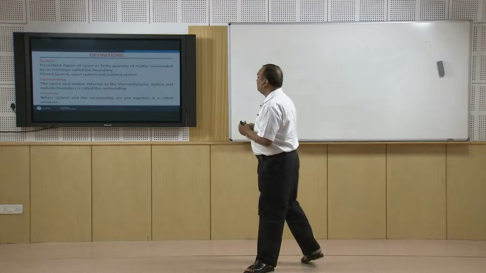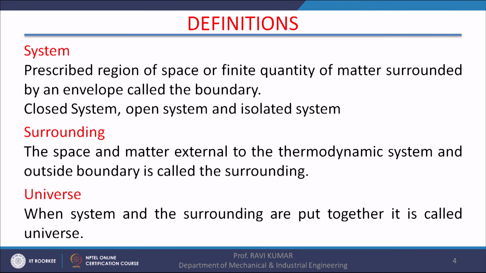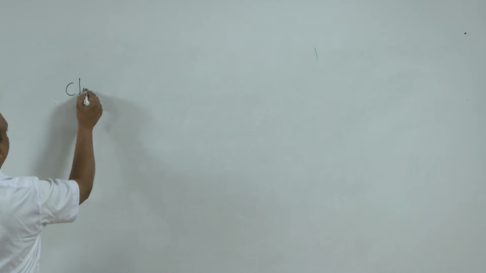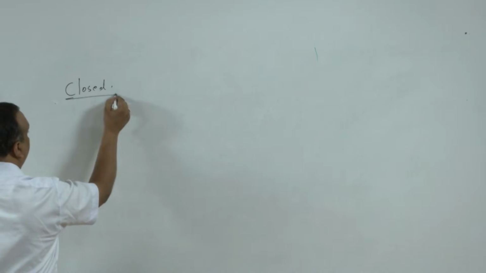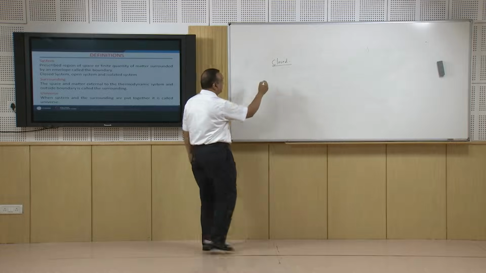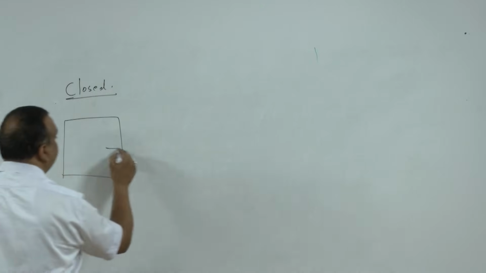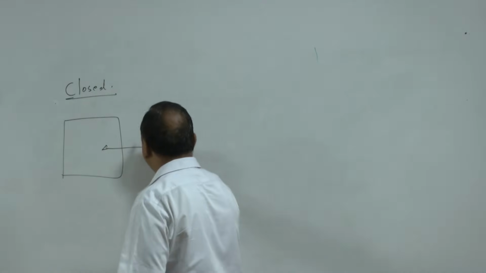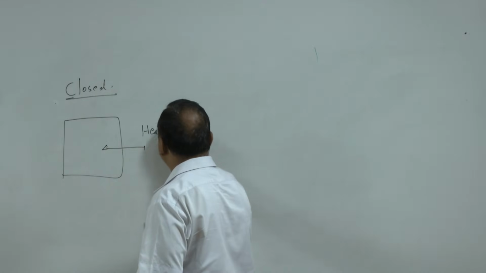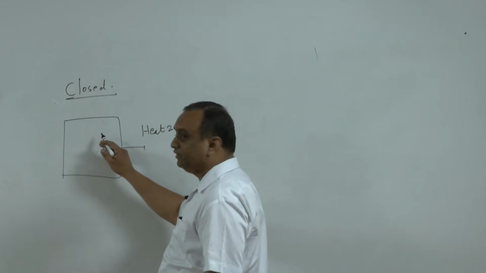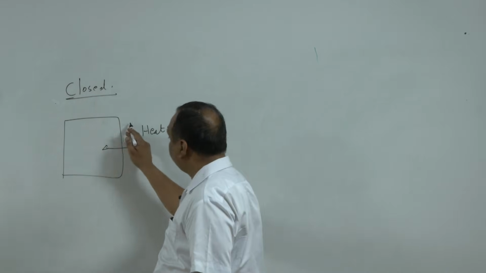Now, there are three types of system. One is the closed system. In a closed system, there is only energy interaction with the surroundings in the form of heat and work. There is no mass transfer across the system boundary.